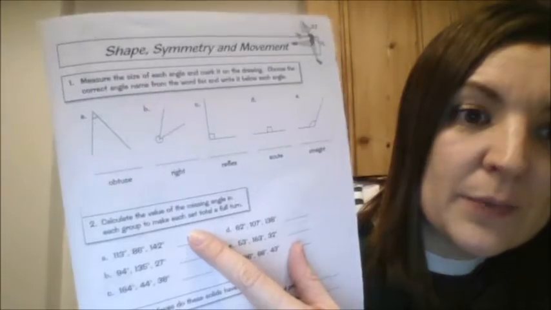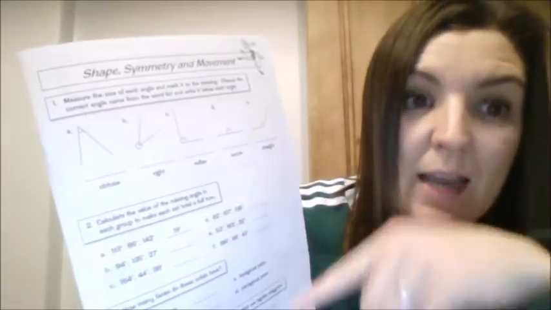Then I've got 10 take away 1, which is 9, 5 take away 4, which is 1, 3 take away 3 is 0. So the answer is 19. The first one has been done for you, and the answer is 19. So the first step is to add the three numbers together, and then take your answer away from 360, and that will give the answer to each of these.